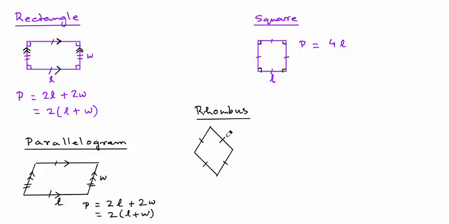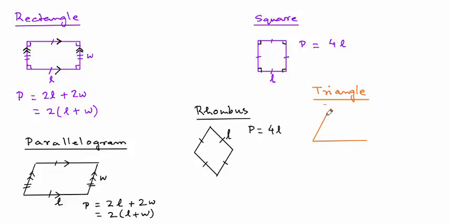And if we name each side of a rhombus as L, obviously if this is L, then this is L, this is L, this is L, pretty much similar to what you see for a square, the perimeter is going to be equal to L plus L plus L plus L, which is 4L. I'm sure you know what a triangle is. It's a closed shape with 3 sides.